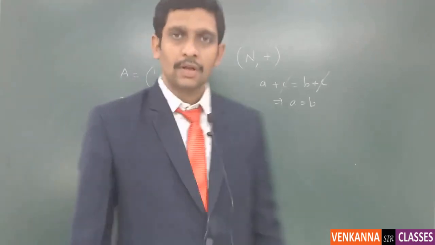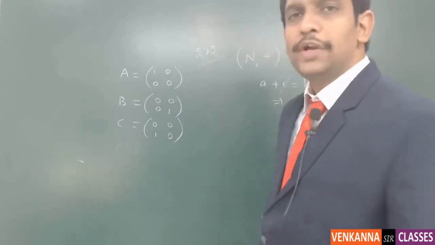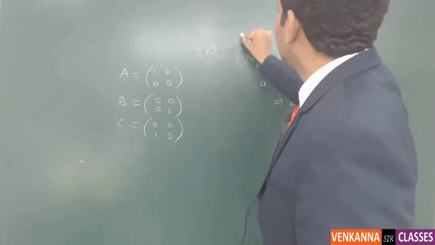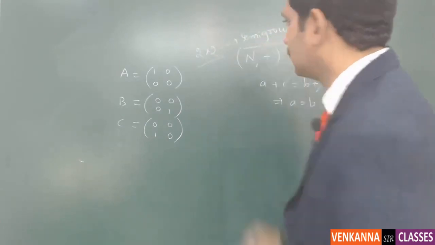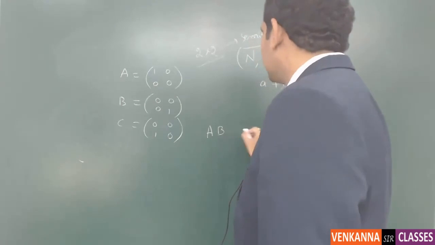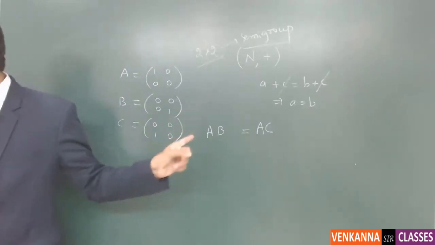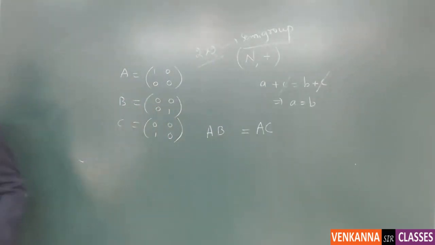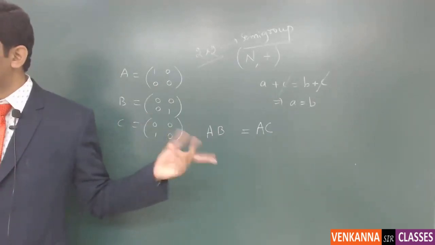Right. Now you consider the 2 by 2 matrices. We know that it is a semi-group. Now, if you observe, we can say AB is equal to AC. Can we multiply the matrices? What is AB and what is AC? Is it the zero matrix or something different?